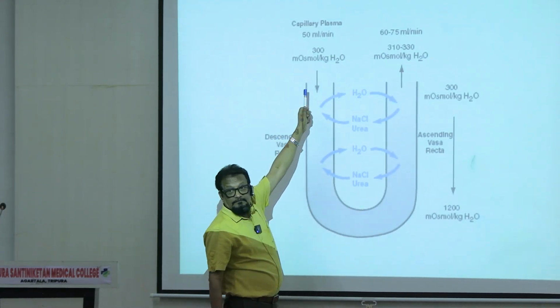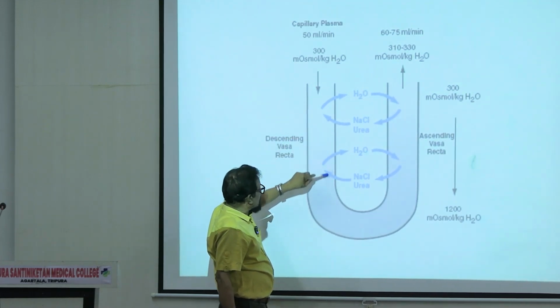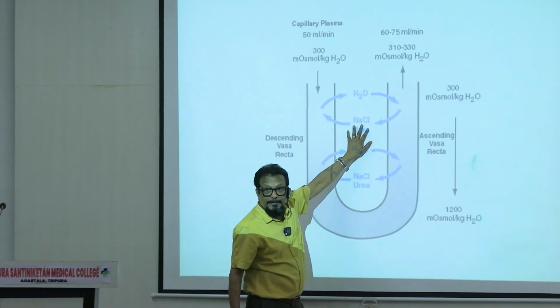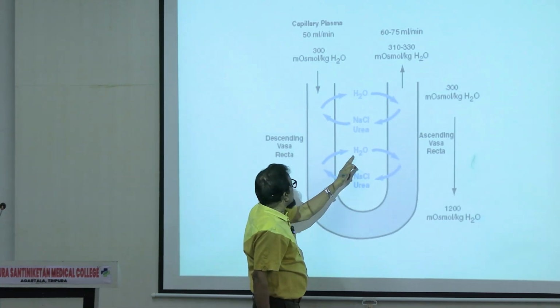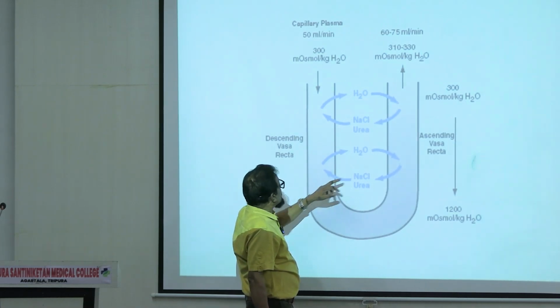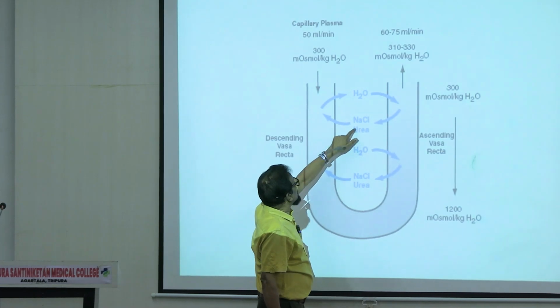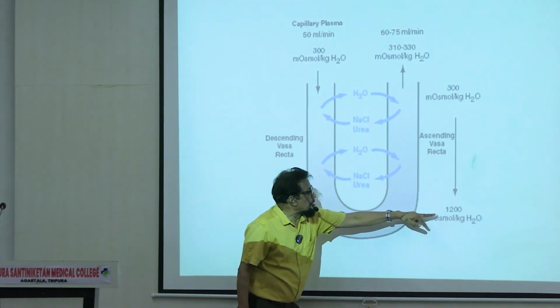Its osmolarity was 300. So when it comes down through this, since the outer area is hypertonic, water will come out and sodium chloride will enter. As a result, here the osmolarity will be 1200.